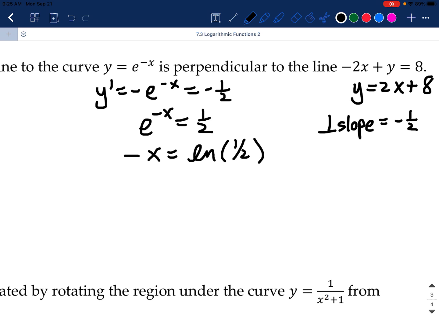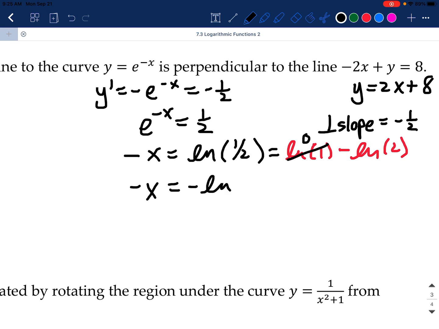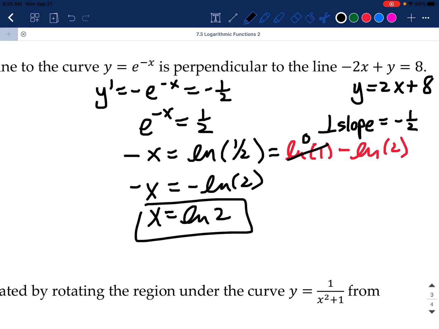And the natural log of 1/2 we could actually rewrite as the natural log of 1 minus the natural log of 2. So we can avoid the fractions if we want to. You don't have to, but you can if you want to. So note natural log of 1 is just 0, so we'll get negative natural log of 2. So x is equal to the natural log of 2. So that means that our slope is going to be perpendicular when x is the natural log of 2.